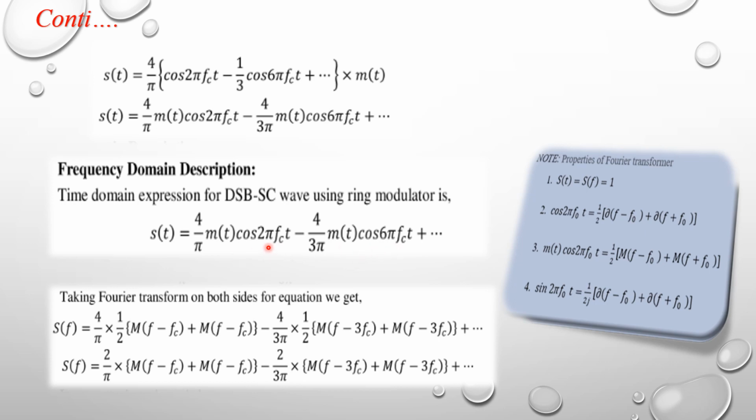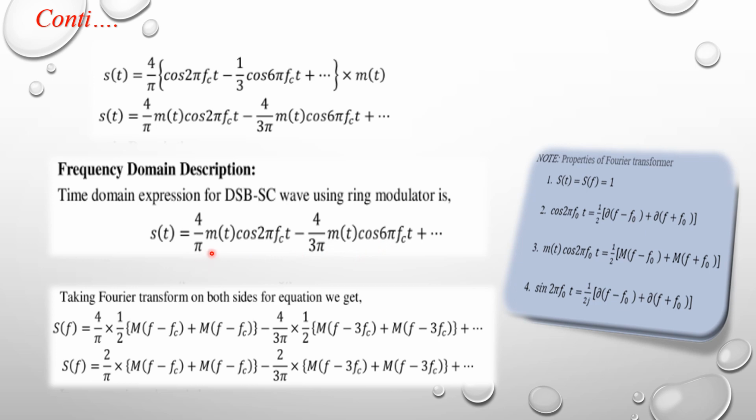Here 2πfct equals 2πf₀t, so 2π gets cancelled and t gets cancelled, so f₀ is equal to fc. In the second term the cosine function is 6πfct, which equals 2πf₀t, so here f₀ is equal to 3fc.